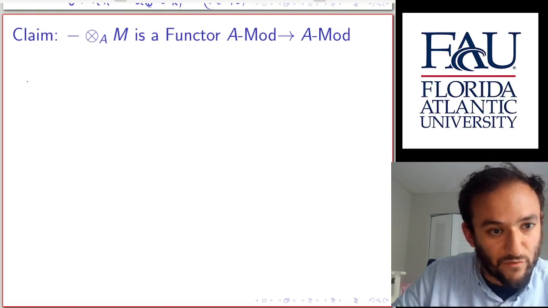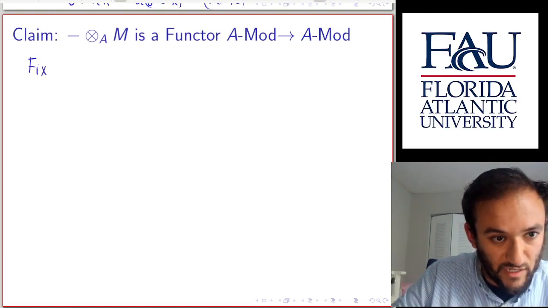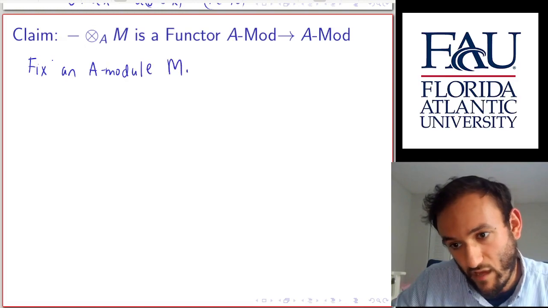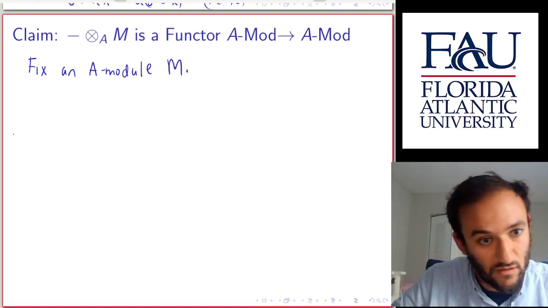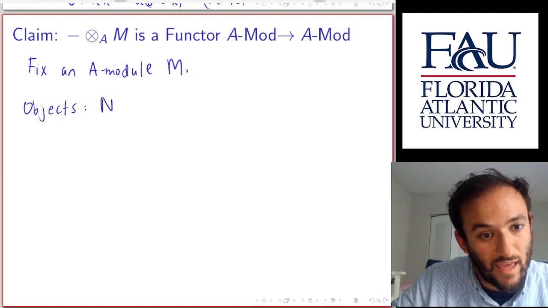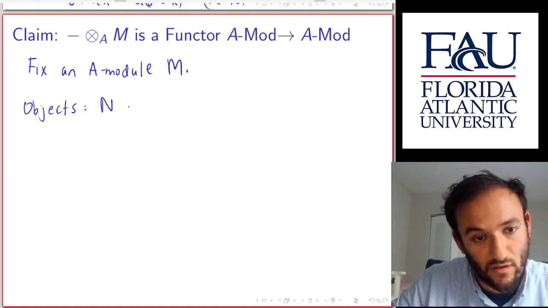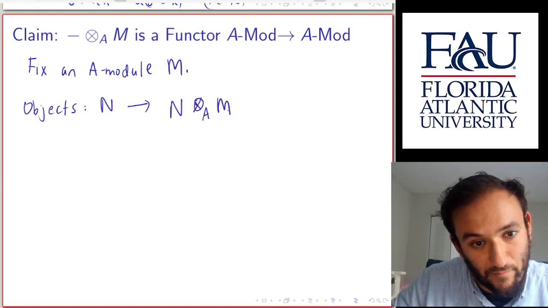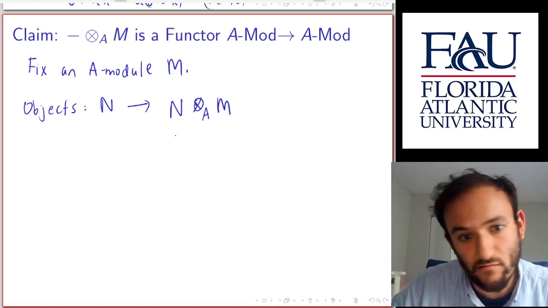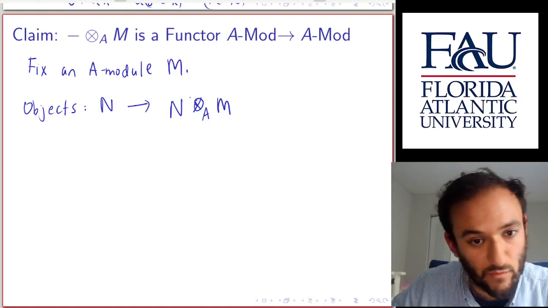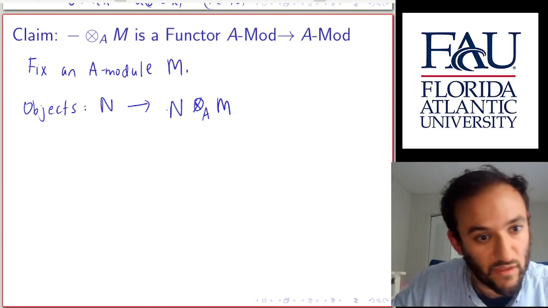And now I'm going to claim that for fixed M, so fix an A module M, then this map, which takes for any module, so on objects, you take N, an A module, and it maps you to N tensor over A with M, and this is also an A module, right? Because we can scale these elements in either coordinate, giving the same thing.